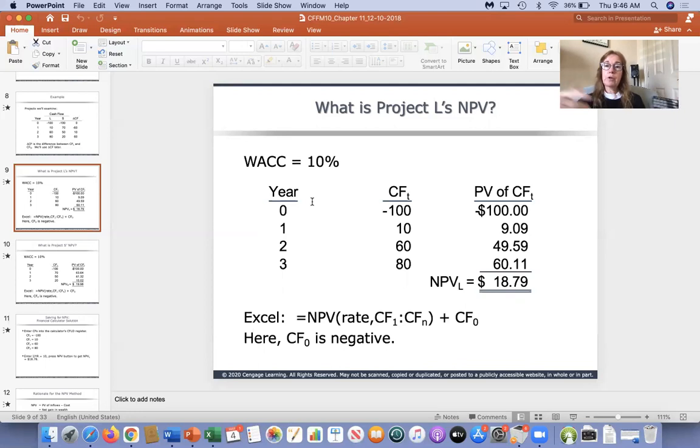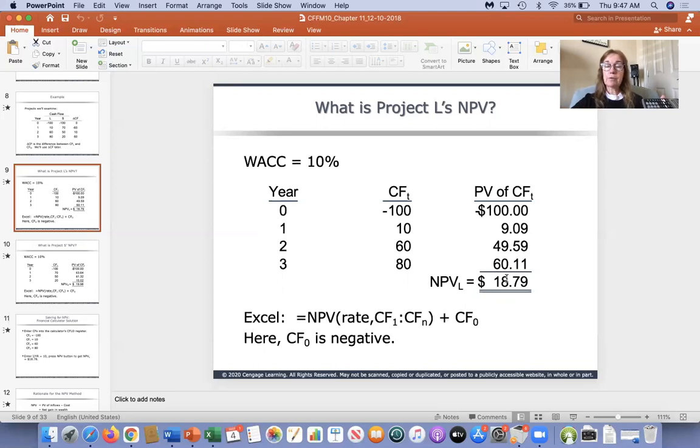What rate of return are you getting on this project? You really couldn't answer that, right? All you can say is, well, I know I made 10% because I was able to pay my investors 10%, and I also made an additional $18.79. So I made 10% plus $18.79, but I can't tell you what the rate is.